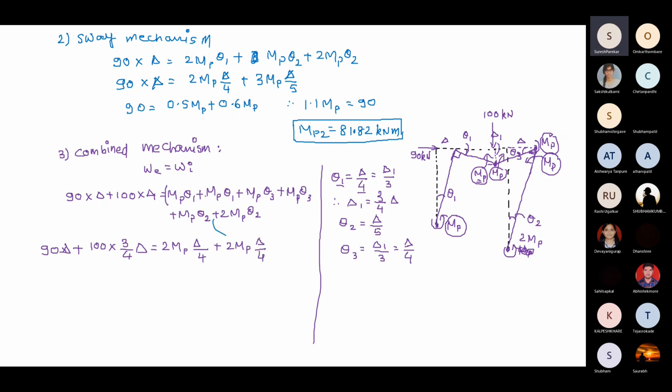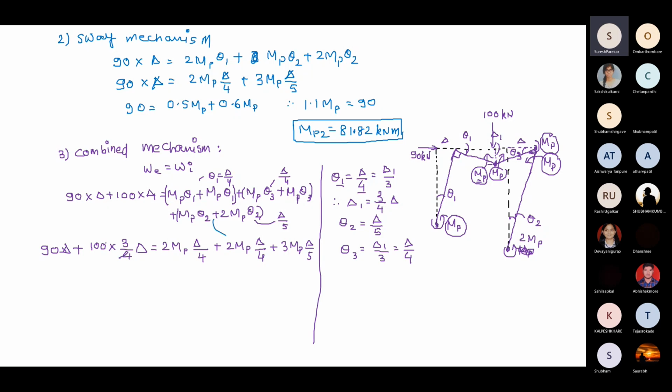So first is these two, theta 1 delta by 4. Second we have these two, theta 3 also delta by 4. And third we have these 3 and theta 2 is delta by 5 plus 3 MP delta by 5.